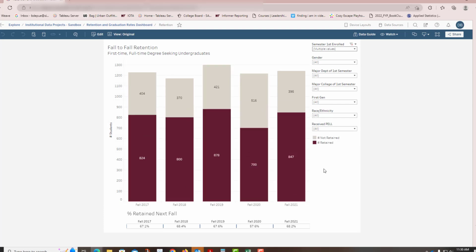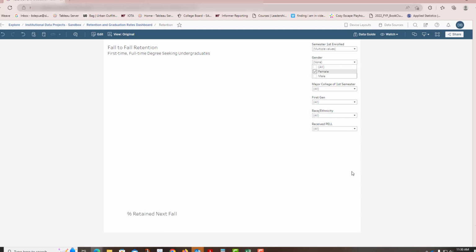Once you're looking at the dashboard, this is just what would be the overall retention rate for those years. You can go in and start to use the filters over here on the right to play with that data and see how it changes if you look at just females.